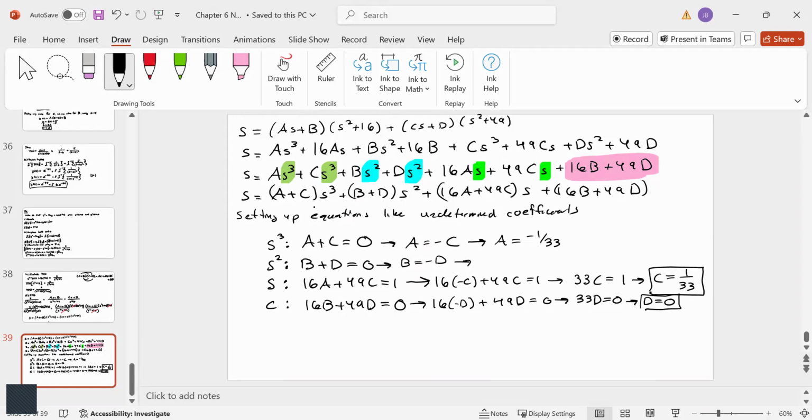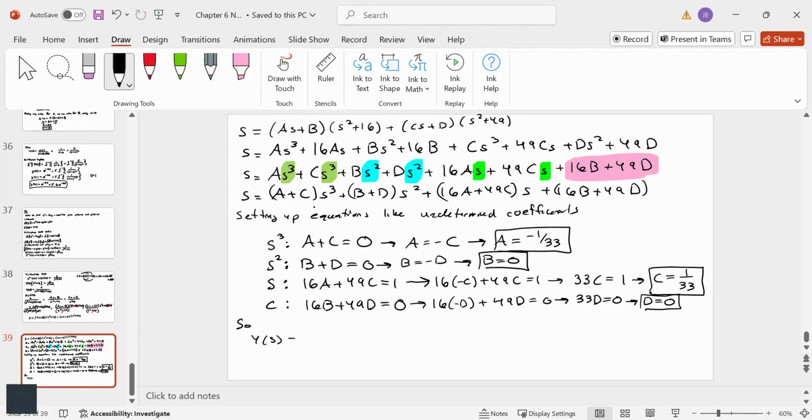And then that right here means b is equal to 0. So you could use linear algebra, or you can just plug it into the equations and kind of solve them individually.